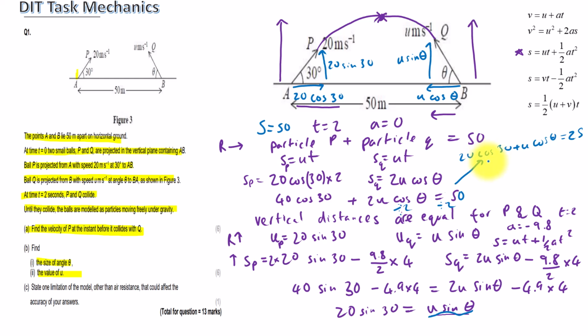We want our u cos theta on its own, so u cos theta is going to equal 25 minus 20 cos 30. Now let's call that equation 1.